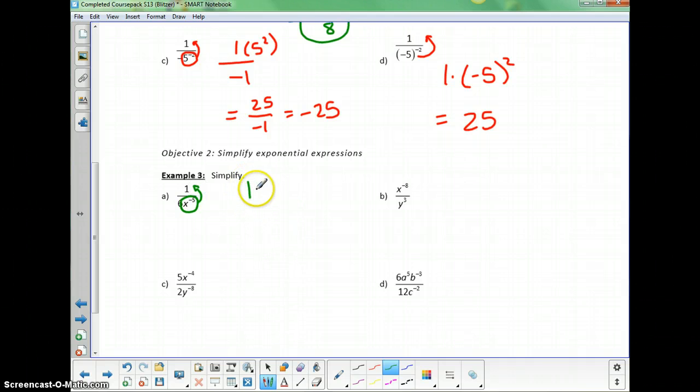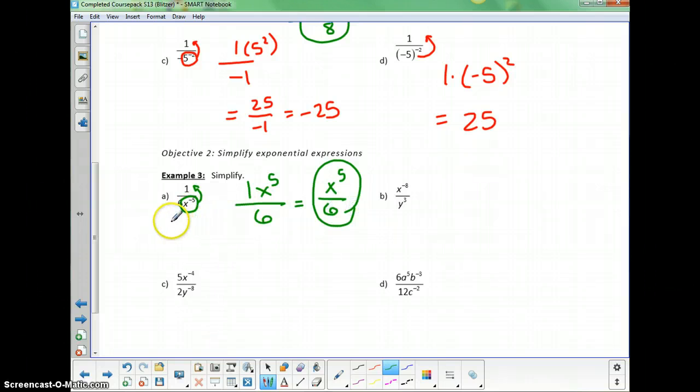The 1 x to the 5th is going to move over 6. Now I don't need to write the 1 with the x to the 5th. I can just write x to the 5th over 6. That 6 has to stay in the denominator because the 6 itself did not have a negative power on it. It did not have that mover, that reciprocal negative power.